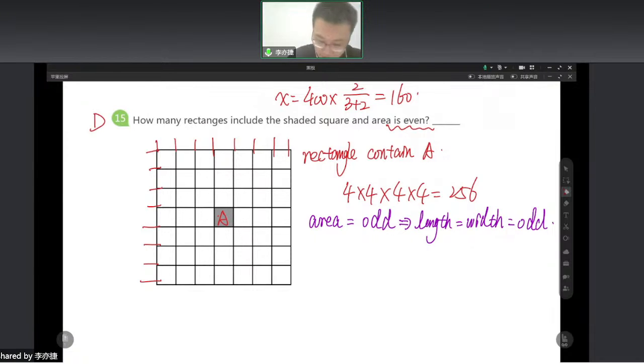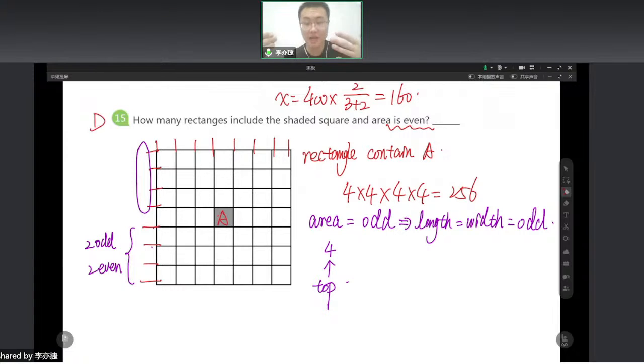So first, for the top, we choose a random line. We have 4 choices. And then we look at the bottom. Top and bottom determine the width. From the bottom here, we have 4 lines, and the distances are 1, 2, 3, and 4. Which means, for all these 4 lines, there must be 2 odd and 2 even.